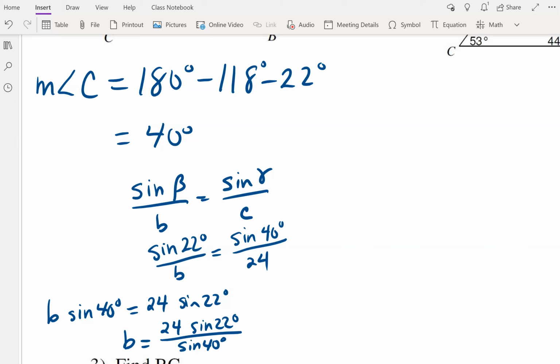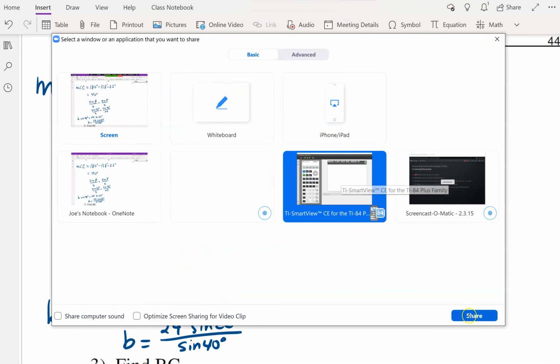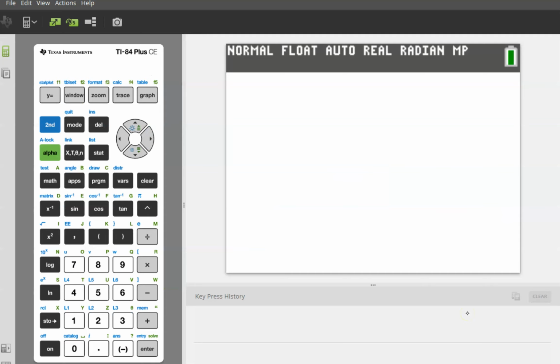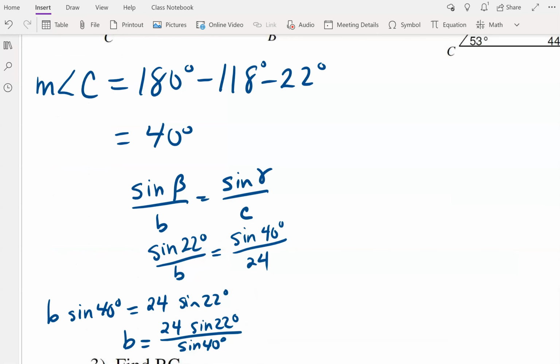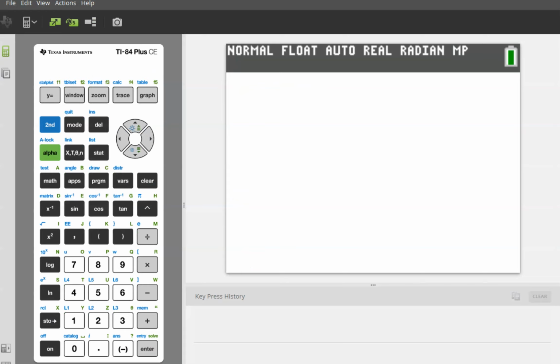And now it's time to use our calculator to figure out what this value is. So let me switch over to a calculator here. One thing I should do before anything else: in these problems, your angles are typically going to be given to you in degrees.